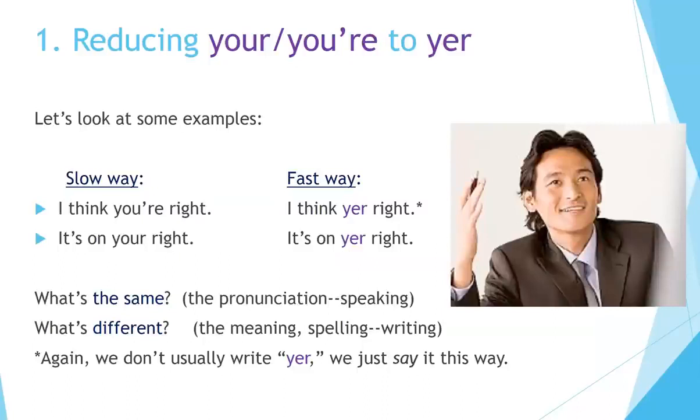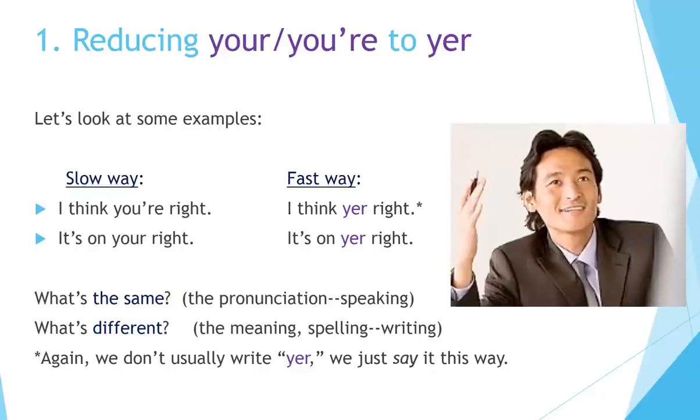Number 1, reducing your or you are to your. Let's look at some examples. The slow way. I think you're right. The fast way. I think you're right. The slow way. It's on your right. The fast way. It's on your right.